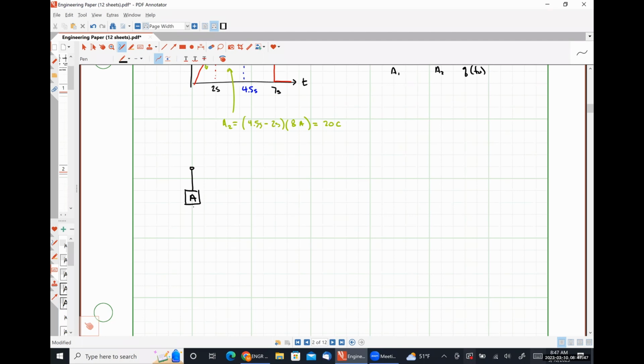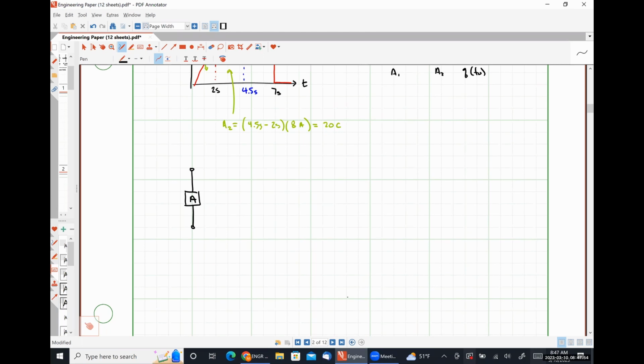So let's say that I have generic circuit element A, and let's say that the current IA is equal to 2 amps. Once again, this is underspecified here. I have a magnitude, but currents also have a direction, and the direction is very important.